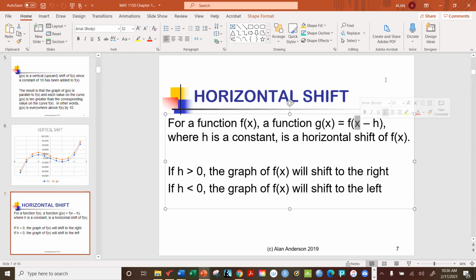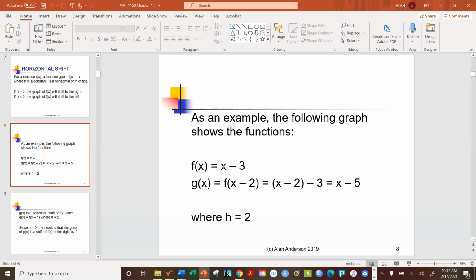Let's see some examples of this. Again, the key to the whole thing is that this h isn't added on at the end, like with a vertical shift. This is now replacing x. So let's see how this works. I've got f of x is this function, x minus 3. If I replace all the x's with x minus 2, then this turns into x minus 5.